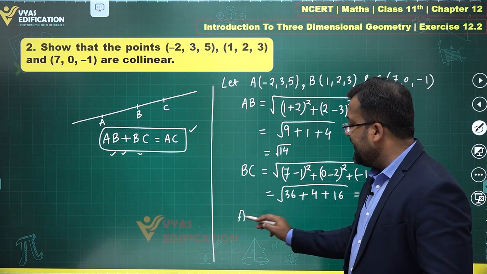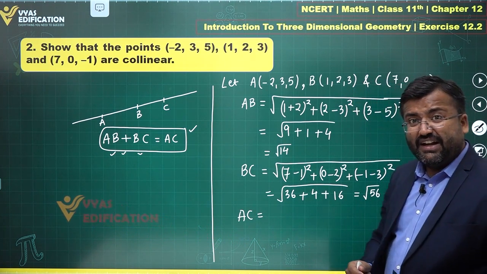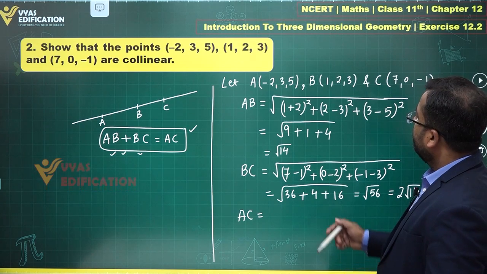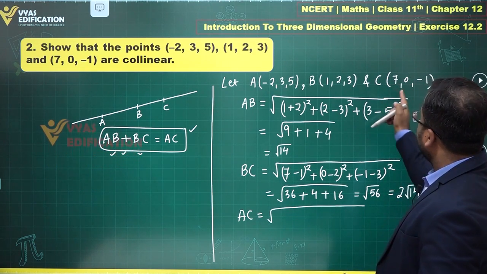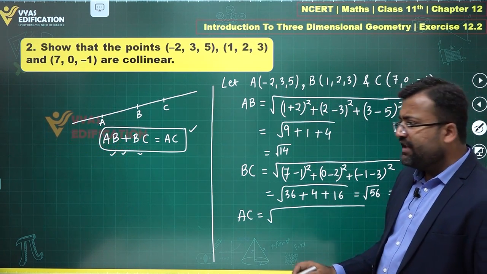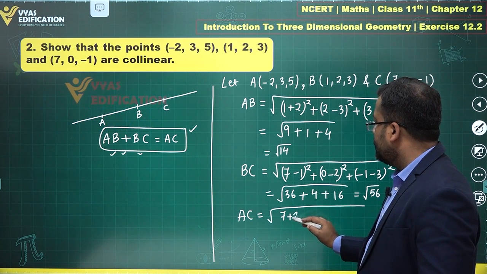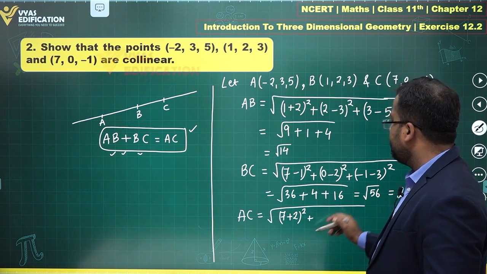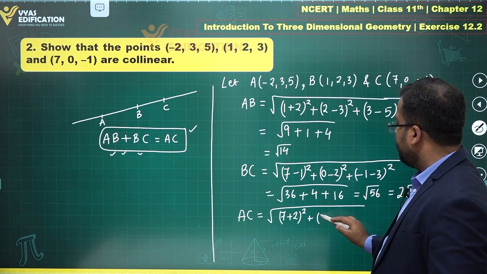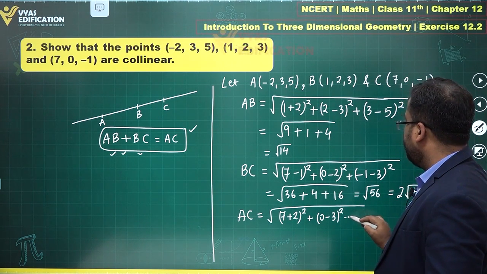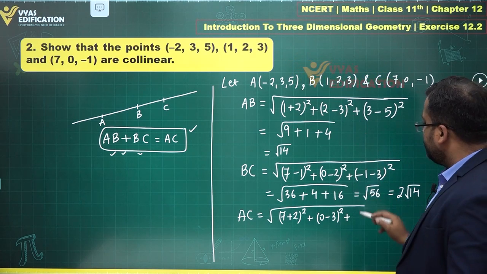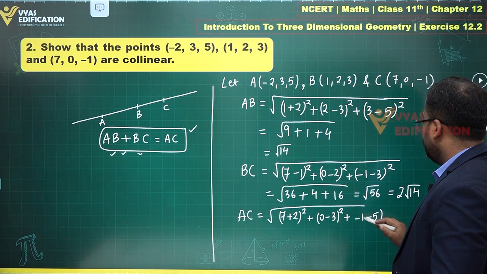What about the next length? AC. Can we find AC as well? Yes. Under root of x2 minus x1. So 7 minus of minus 2 is 7 plus 2 squared, plus 0 minus 3 squared, plus minus 1 minus 5 squared.